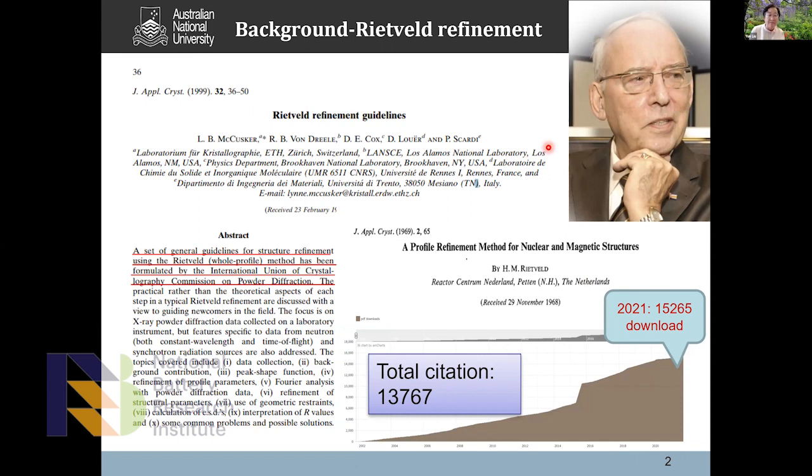Even in 2021 alone, this paper's PDF was downloaded over 15,000 times. So you can see this method is very critical for us to study materials and to determine structures.